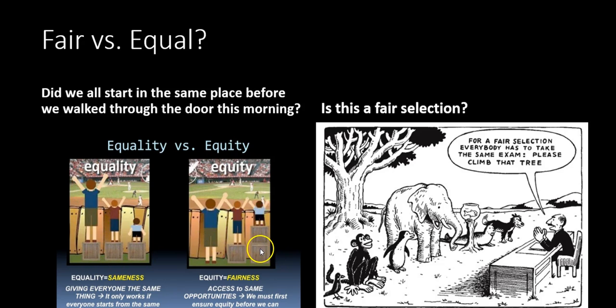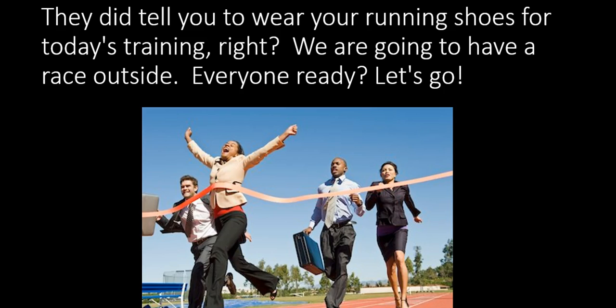Whereas over here, if you give them what they need to access the curriculum, they'll be able to find their own success. And then we had another video about equity, and we had the participants take part in this next video, the equity and equality race.